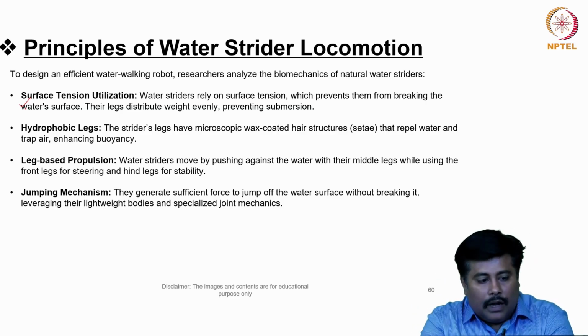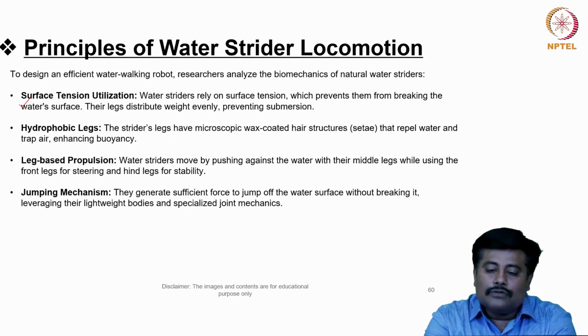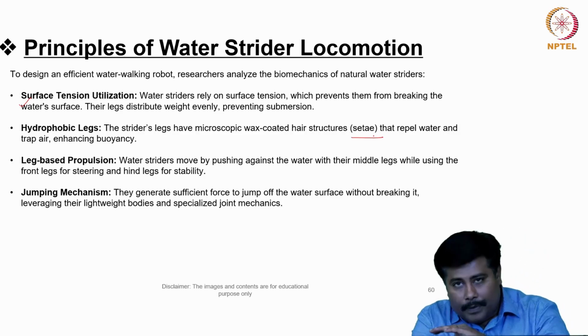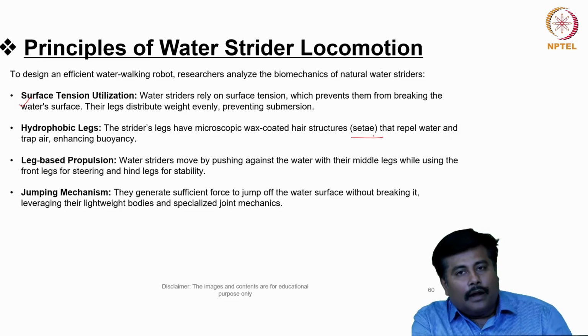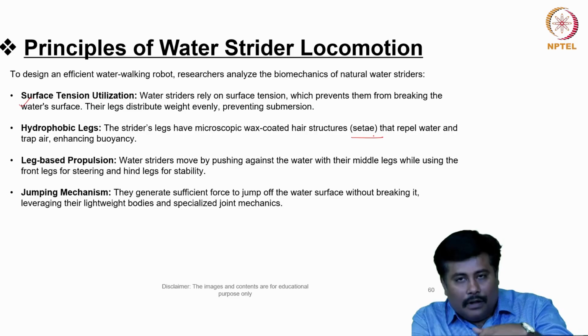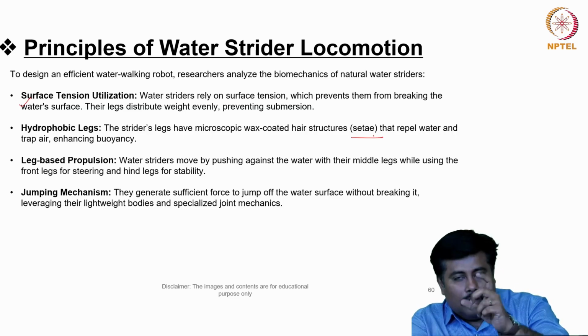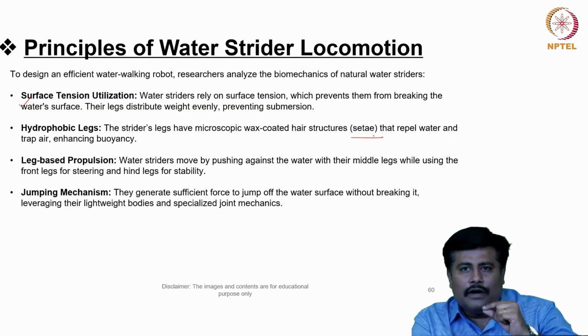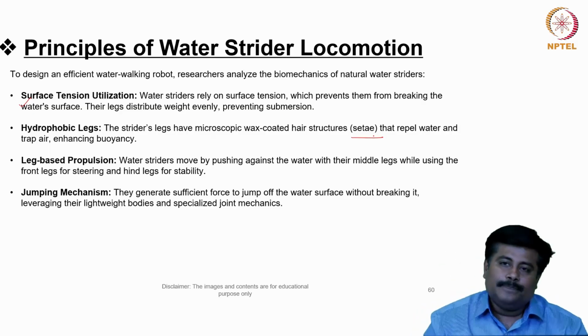When we talk about the hydrophobic leg, the strider's legs have a microscopic wax-coated hair structure, which we discussed earlier and called setae, that repels the water and traps air, which enhances buoyancy. In fact, that is what we saw four to five slides before, where there is a column over which we have an interaction of the liquid along the surface.